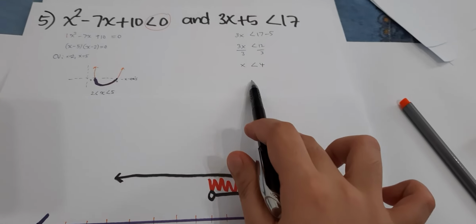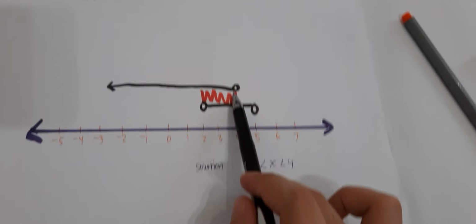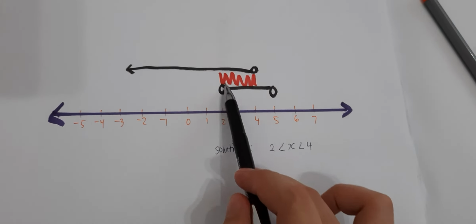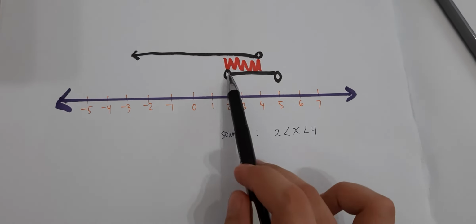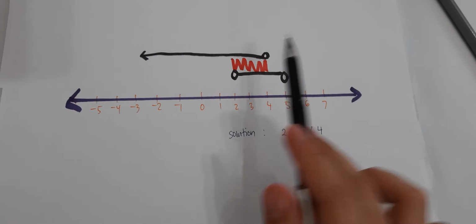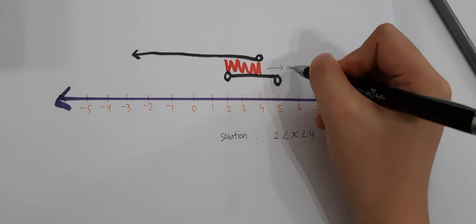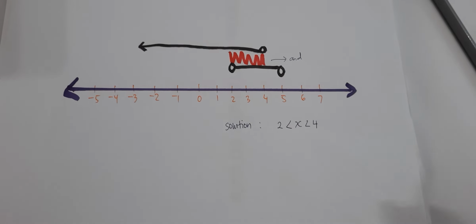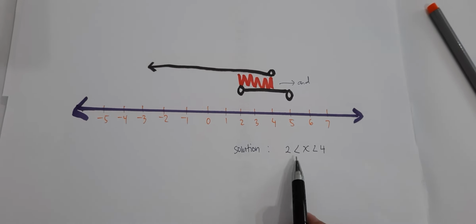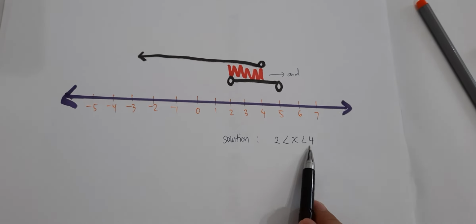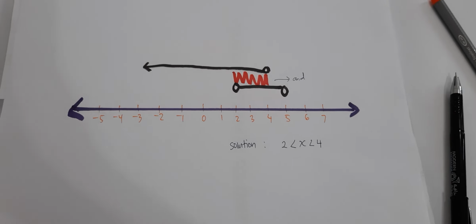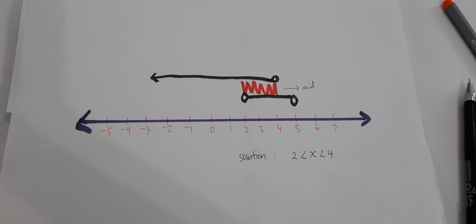Your second solution is less than 4, this one. You identify where they are together. So the final solution is, this is your end part, where they are together. Therefore, your solution is from 2 to 4. Okay, that's it for quadratic inequalities.